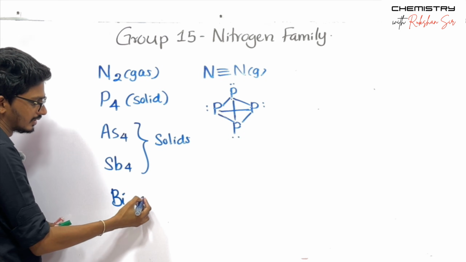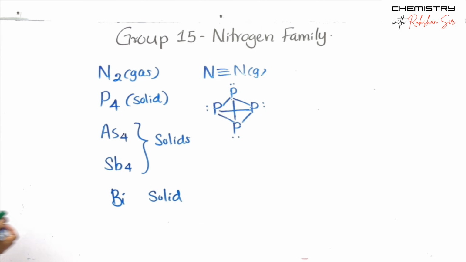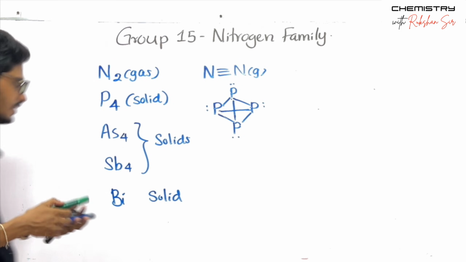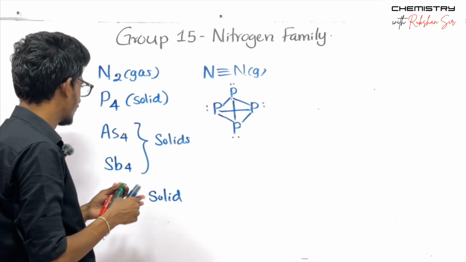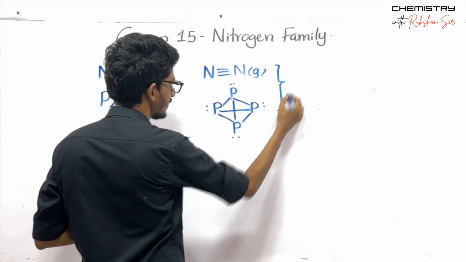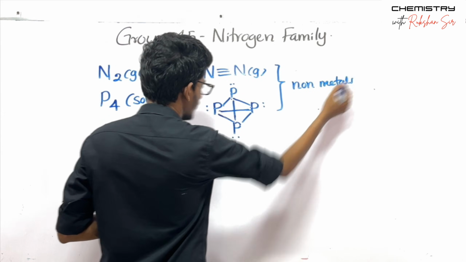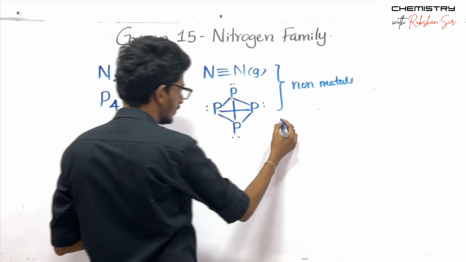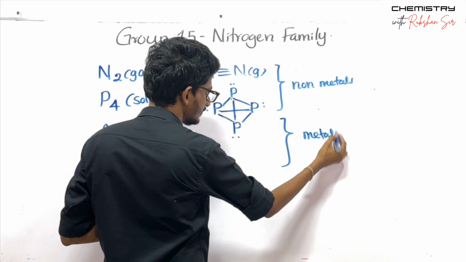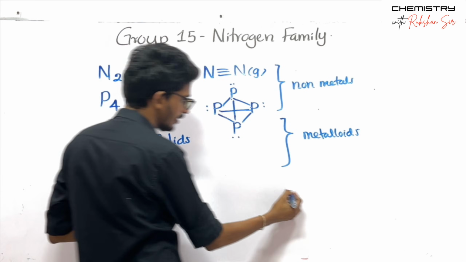If you think of the metallic and non-metallic nature of these elements, the first 2 are non-metals. The next 2 are metalloids, carrying both metallic and non-metallic nature. And bismuth is a metal.